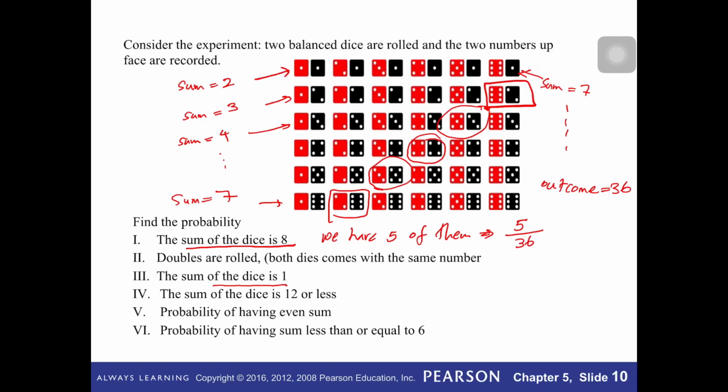Do we have that kind of pair? No, we don't have. We do not have a sum of 1. So the probability is 0. Okay, it is not happening, right? So that's not going to happen.